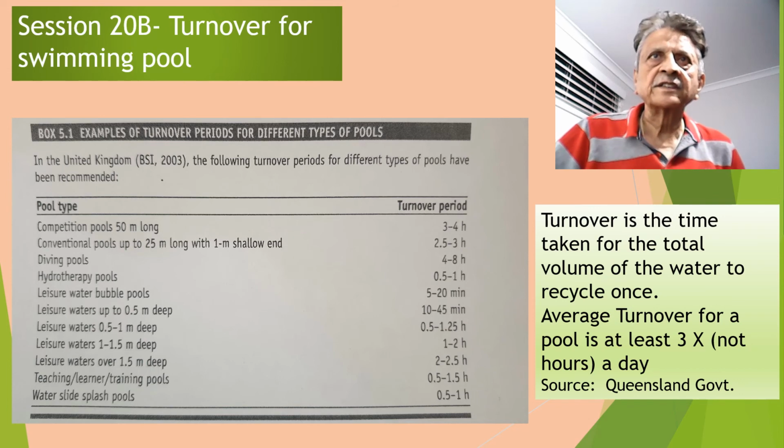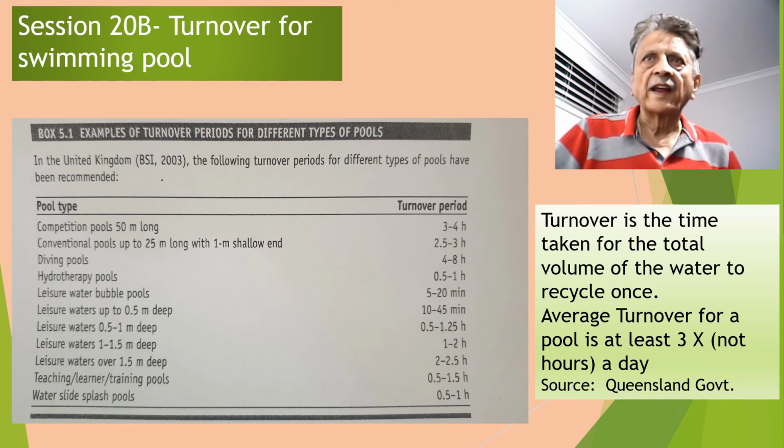As I mentioned, turnover is also very important because we have to make sure that every ounce or every liter of swimming pool water is filtered through the filter so that all the particles, etc., are removed from the pool.